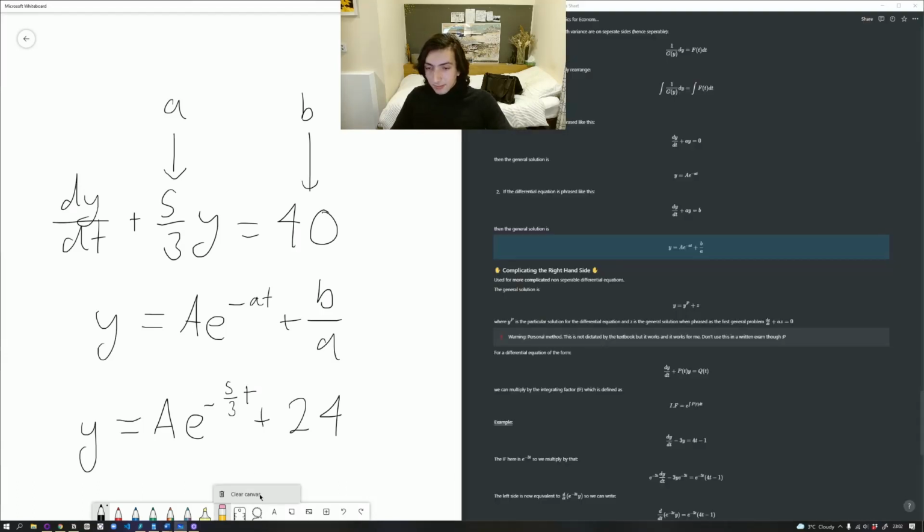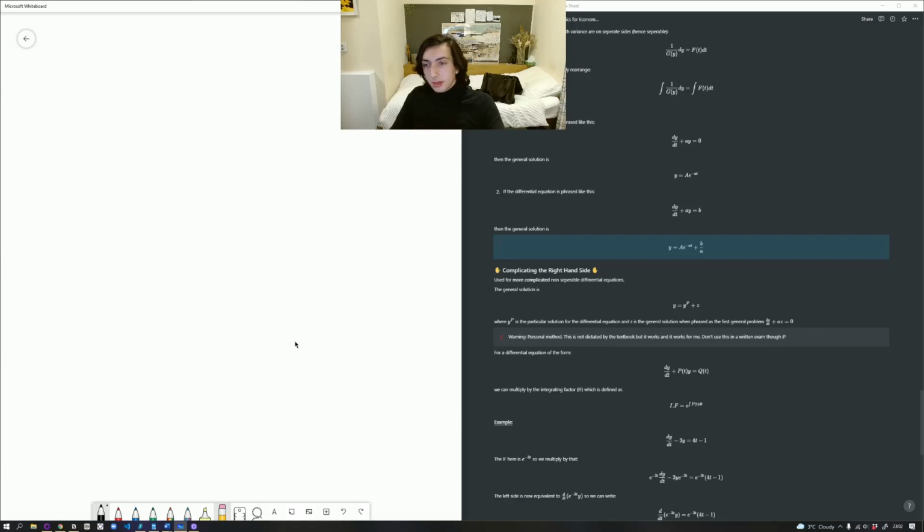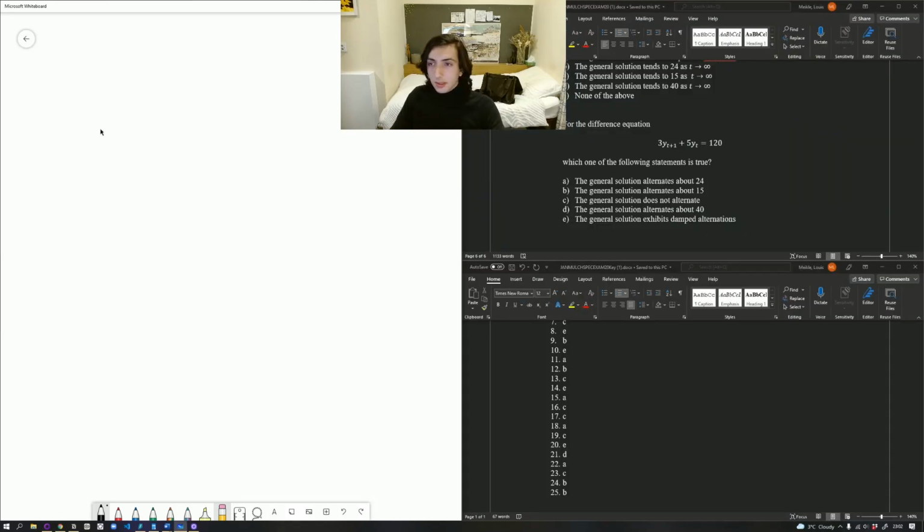Now the difference equation, again, fairly simple formula to remember here. If I can just get it up. There we go. So for a difference equation, which we are given here as 3y(t+1) plus 5yt equals 120.